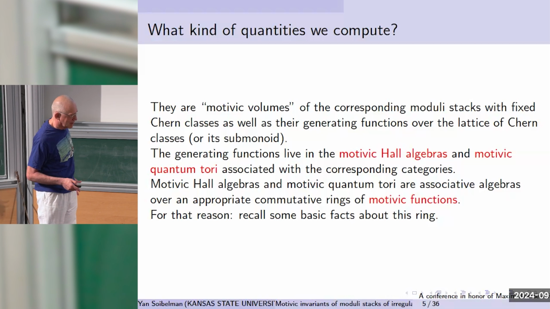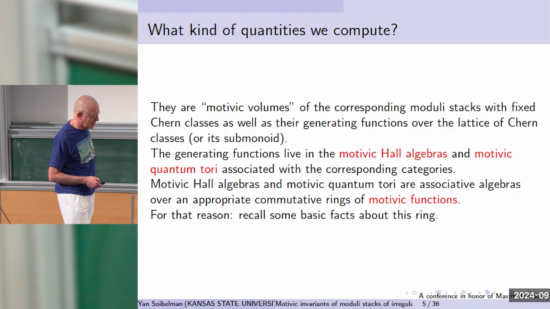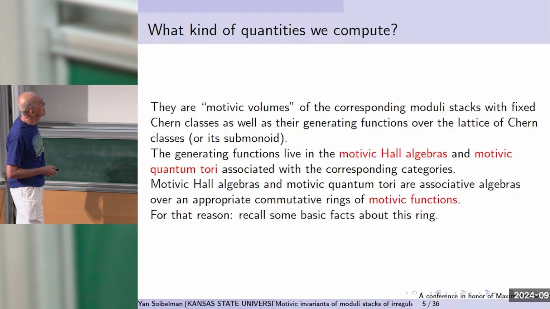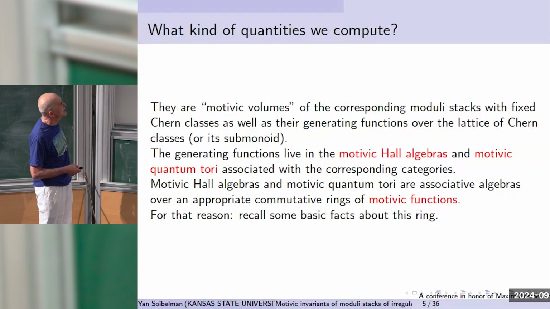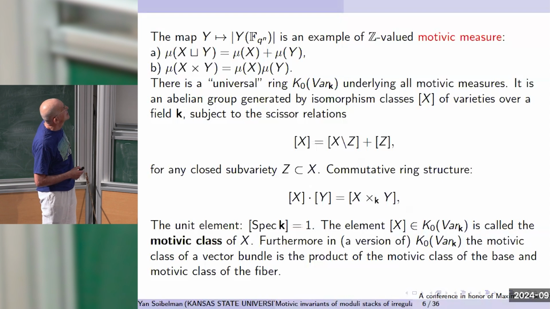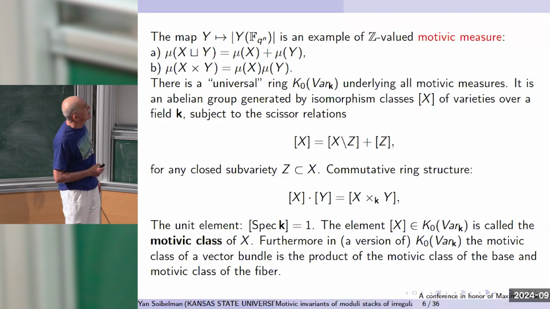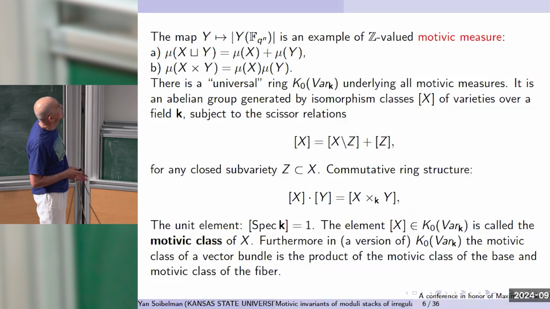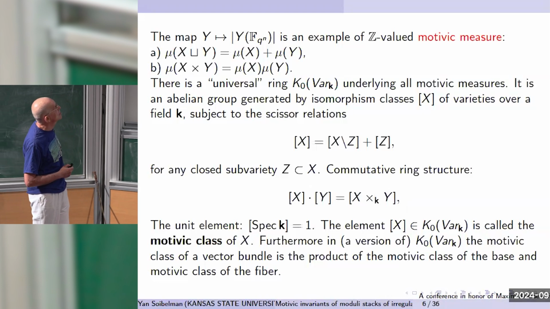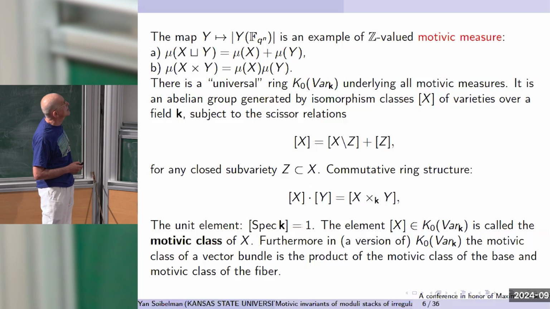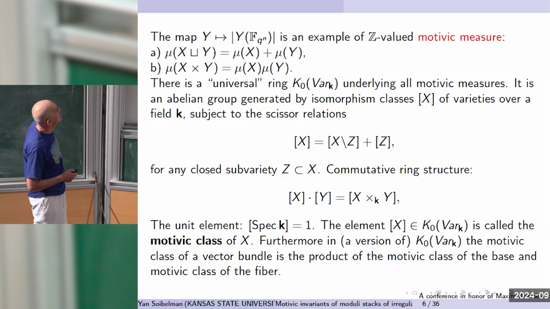Although it's pretty standard stuff, in the elementary part of my talk I will recall some basic facts about motivic functions. First, a motivic measure is a universal generalization of the map which assigns to an algebraic variety the number of points over a finite field.